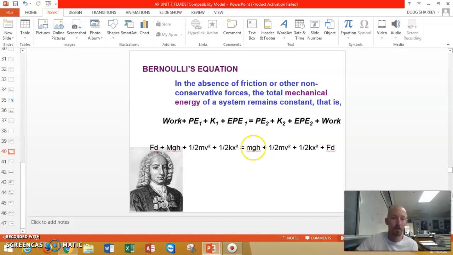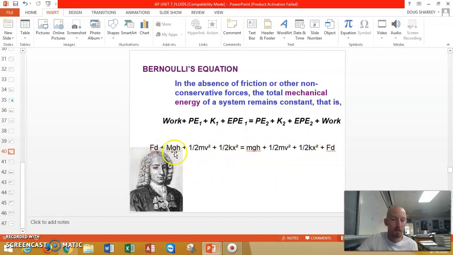Now, if we put all of our equations, remember that work is F d cosine theta, but theta here is going to be 0. So it's F d. PE is mgh, K is 1/2 mv squared. EPE was elastic, where we have springs, and that's 1/2 kx squared. Before and after. And remember that it can change.